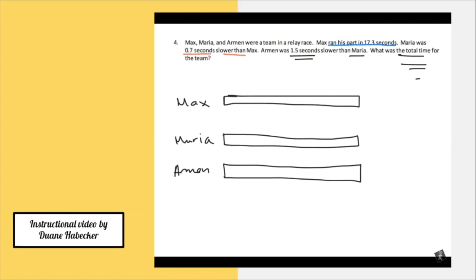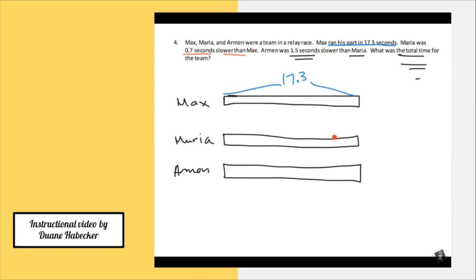So that first sentence doesn't add much to it. Then it says, Max ran his part in 17.3 seconds. So this length right here is 17.3. And then it says Maria was 0.7 seconds slower than Max.